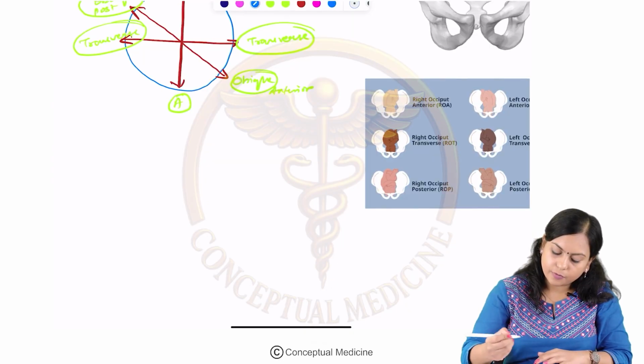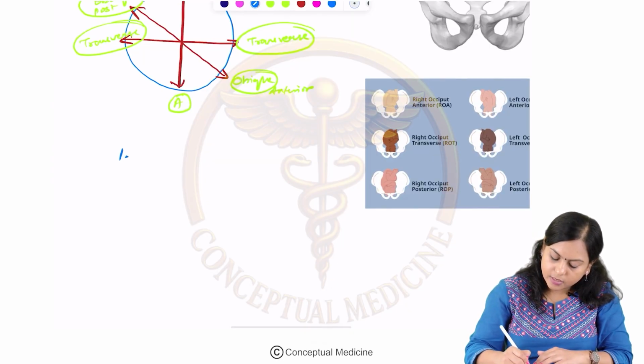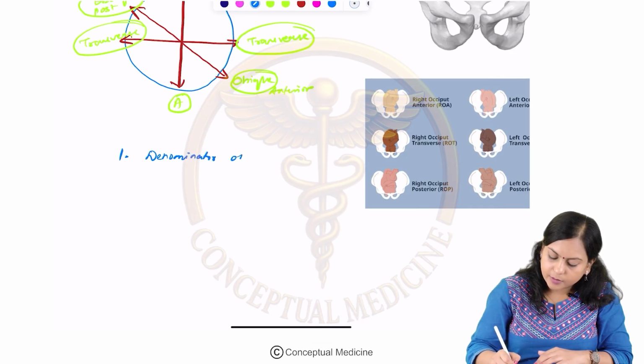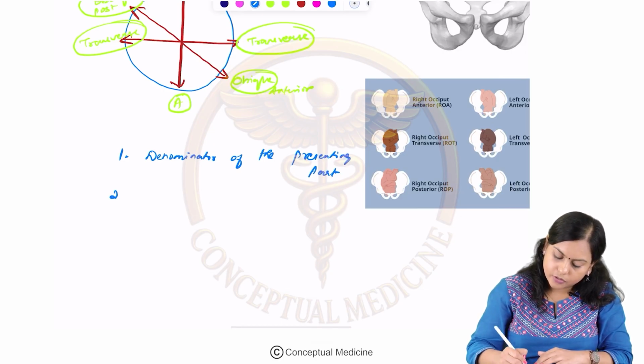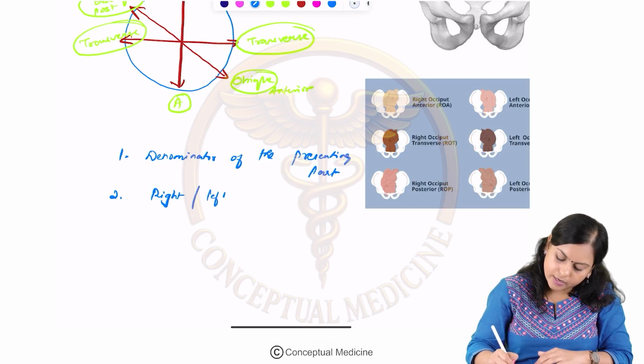First point you should know is the denominator of the presenting part. Second point you should know is the right and left side of the pelvis.